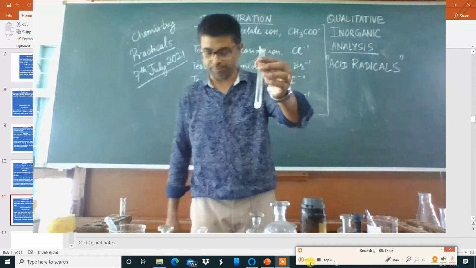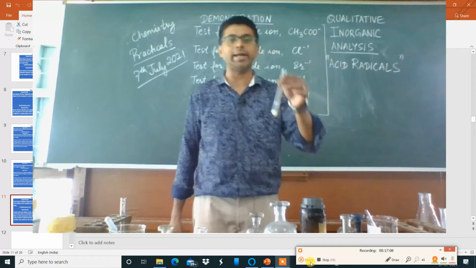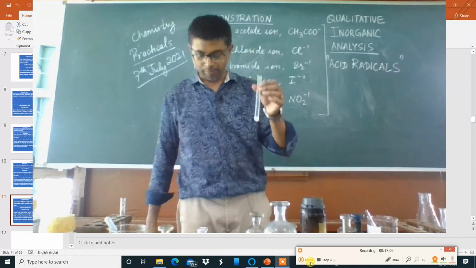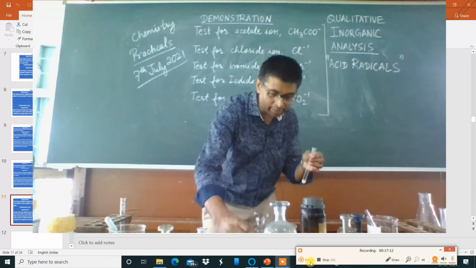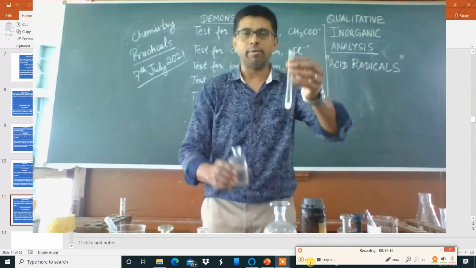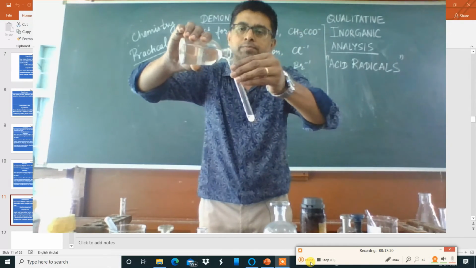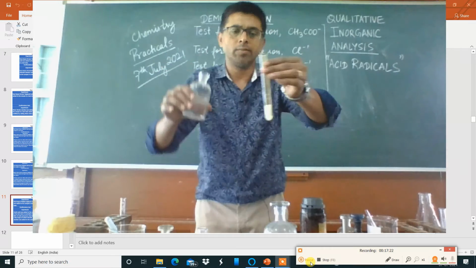So you can see the nitrite ion, and the salt which I have taken is potassium nitrite. I am reading the label from the bottle from which I have taken it out, and to that I am now adding dilute acetic acid to neutralize it.